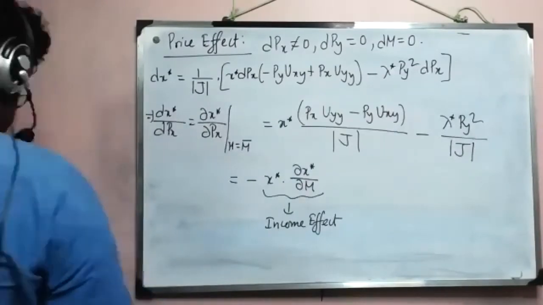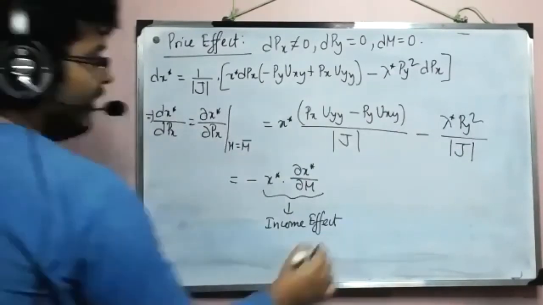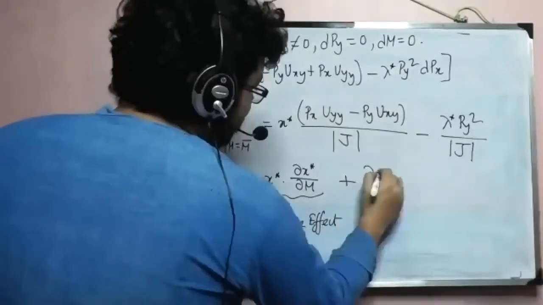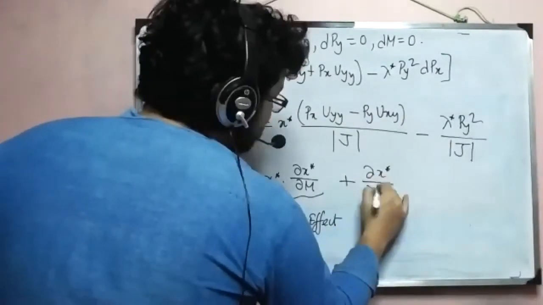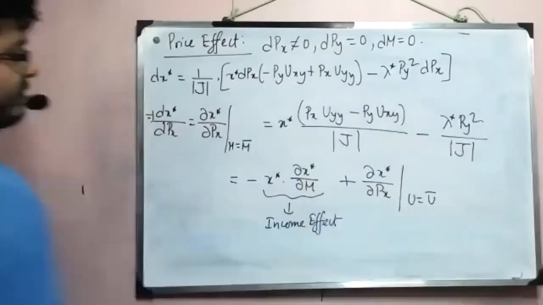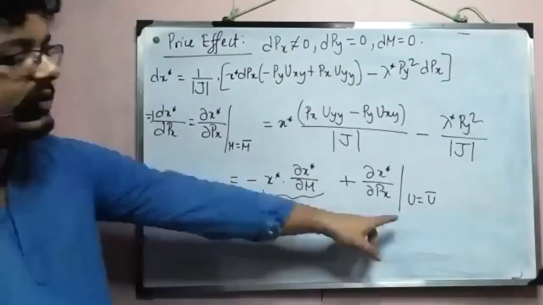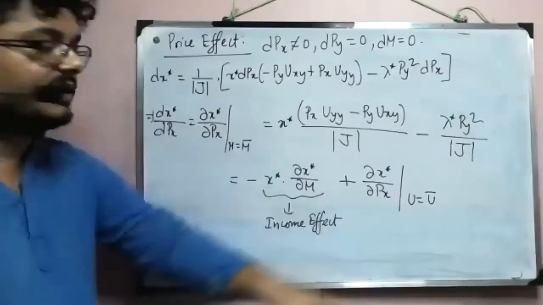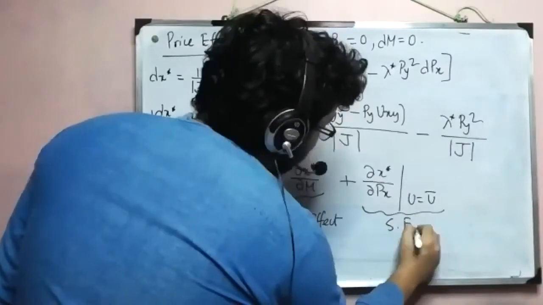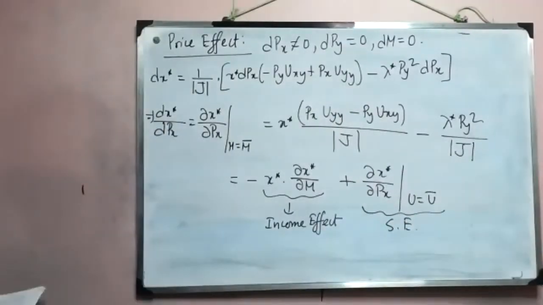Okay, and here we have just derived it, right? This is del X star del Px, but to make sure that we are in Hicksian u equal to u bar, this is evaluated at a constant utility, and this one is our substitution effect. Okay, so in a sense we have got what we are looking for.